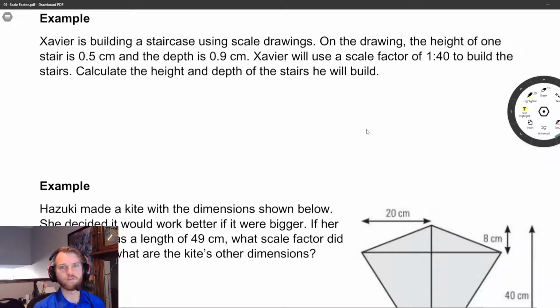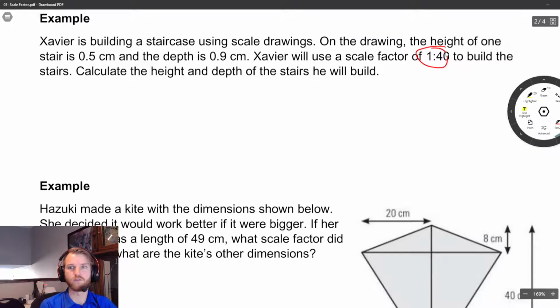All right, now this question is where people are going to start to get confused. The first 2 are fairly straightforward. This one gives us the scale factor as a ratio, and it also talks about that blueprint and real life situation that people can get confused by. So let's remember that when we have a ratio, think NO, new to original.